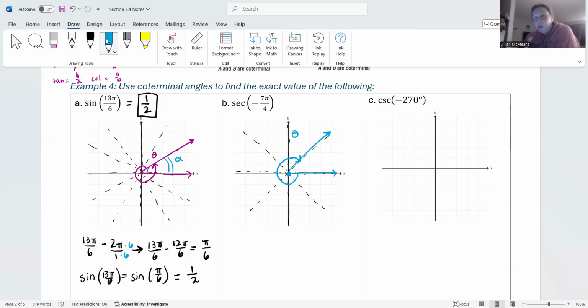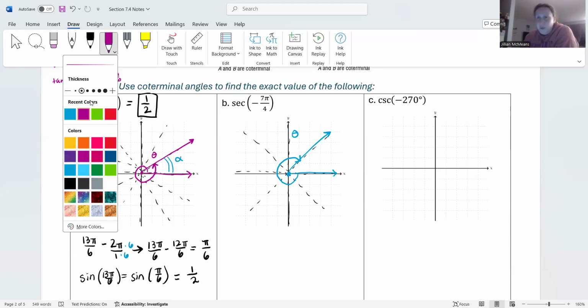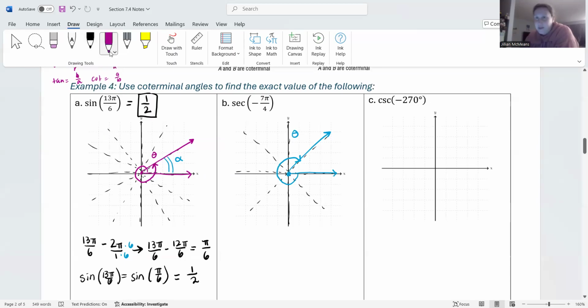But we didn't quite do a full revolution. So what would we still need to do to get a full revolution? Because negative 7 pi over 4 is maybe something we're not super familiar with. But this angle right here is kind of nice. It's an acute angle, and we know a lot about acute angles.